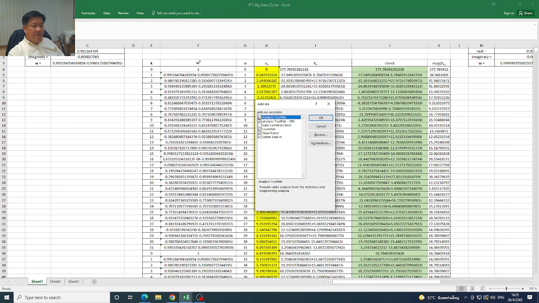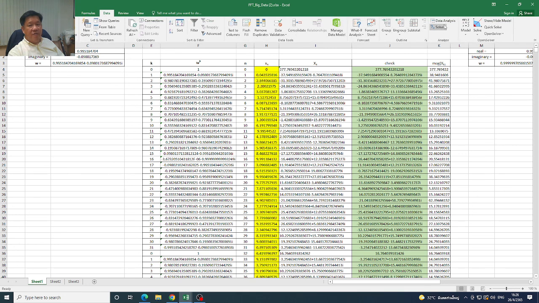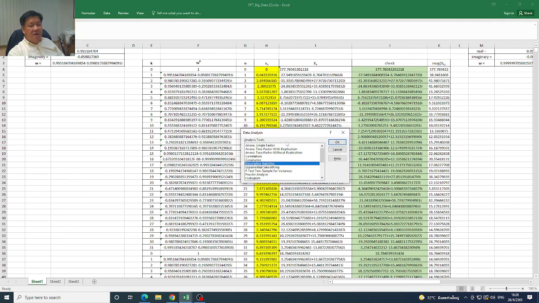In this case, I already installed it. I already clicked to choose all of this, so I don't need to. If you don't have it, you just click to choose, and then all of this will install for you over here, data analysis. Once you call data analysis, you can see that there exists what we call the Fourier analysis here.